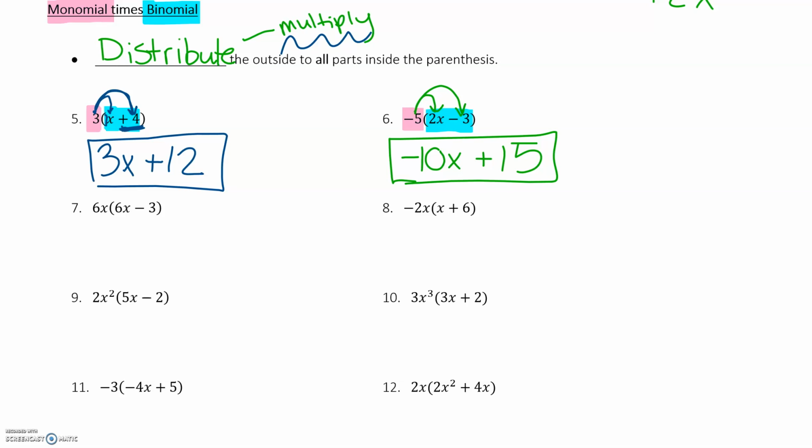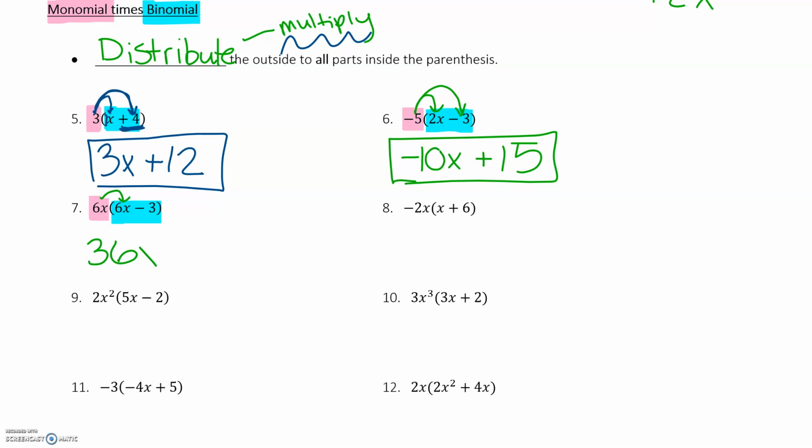All right, let's look at number 7. Our outside piece here is a 6x, and we're going to multiply it by 6x minus 3. So we're going to distribute, so 6x times 6x. So remember, coefficient with coefficient, variable with variable. 6 times 6 is 36.